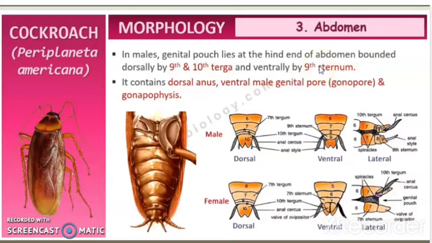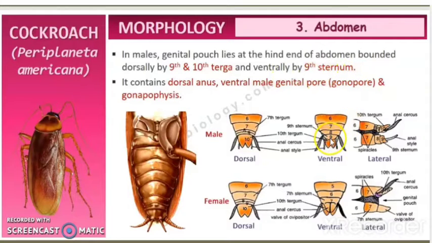Right, so these sclerites in the dorsal part are called tergites, and in the ventral part are called the sternum. We find the genital pore here, and you can see the 9th and 10th segments laterally, sideways, which are the terga, and ventrally it is surrounded by the 9th sternum.